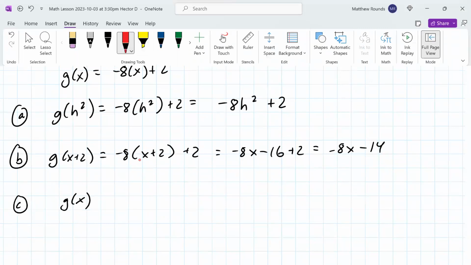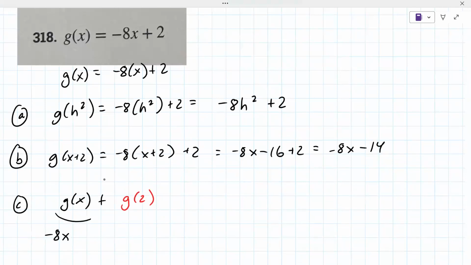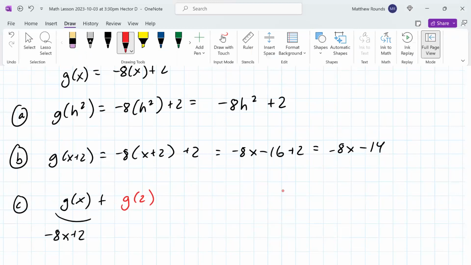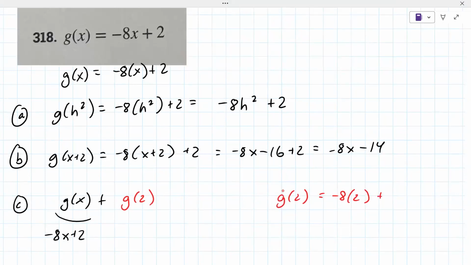I should have done this in different colors. g of x is the original thing you started with. g of 2 is coming off to the side, evaluating it at 2. g of 2 is equal to negative 8.